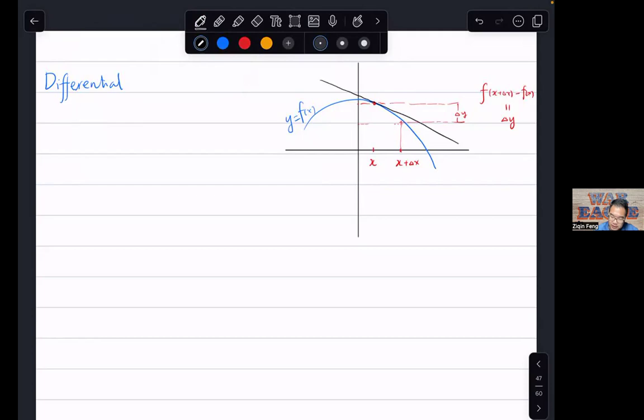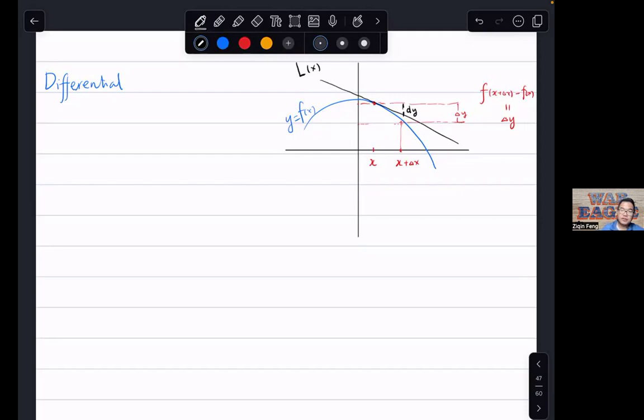This part, going from here to here, is the change of y value on the tangent line. We have a notation for our tangent line, which is called L of x. The change of y value on the tangent line from x to x plus delta x is called dy.